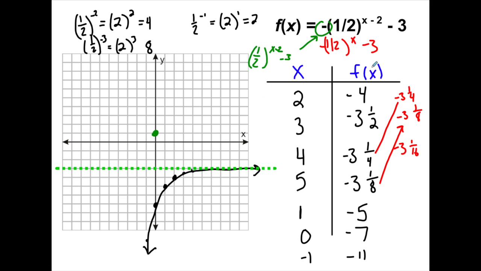Plugging in 2 would give you -2 instead of that. Okay, plugging in 1 would get you -1 instead of that, and so on and so on. And then you can imagine with this 8, if you hadn't made it negative, you would have gotten 5.